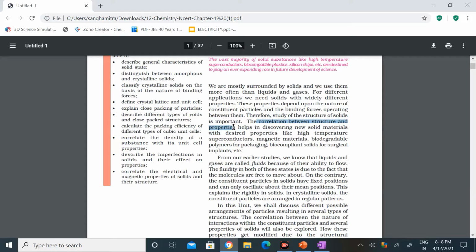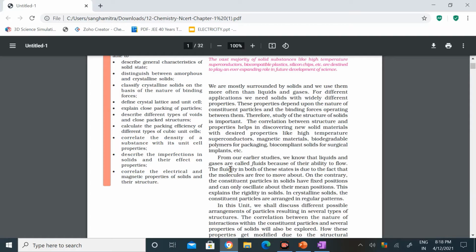Relating the structures and properties of a solid will help us discover new solid materials of desirable properties like high temperature semiconductors, magnetic materials, biodegradable polymers for packaging, biocompatible solids for surgical implants, and so on. So we need to understand this.